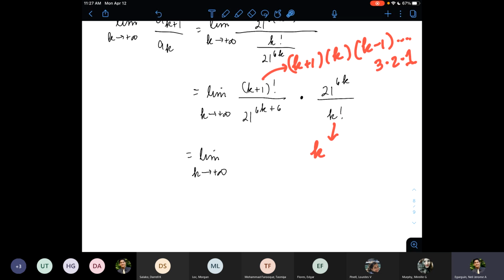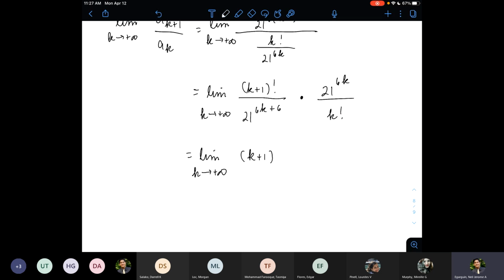Meanwhile, k factorial is k times k minus 1 until you reach 3 times 2 times 1. So you can cancel everything here, cancel everything there. So there will only be a k plus 1 left in the numerator. Right? So I hope by now you're familiar with expanding factorials, because that's our go-to technique for the ratio test whenever there are factorials involved.